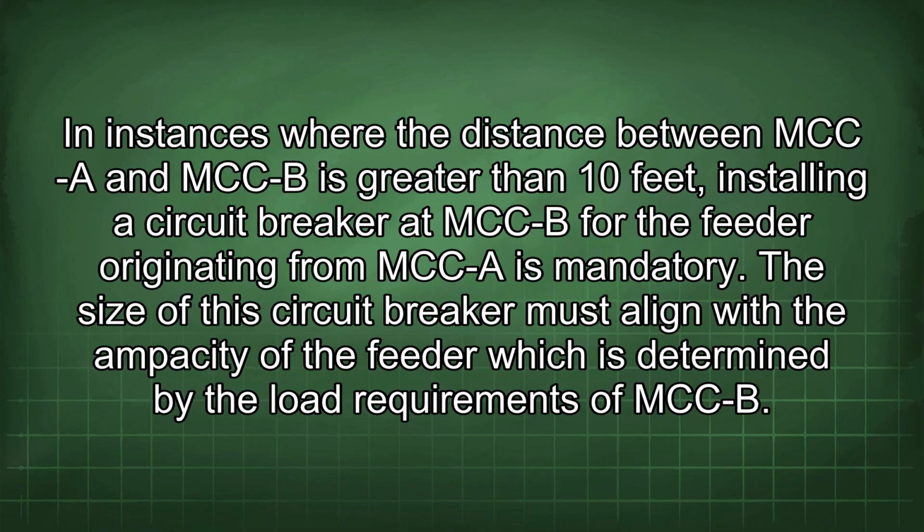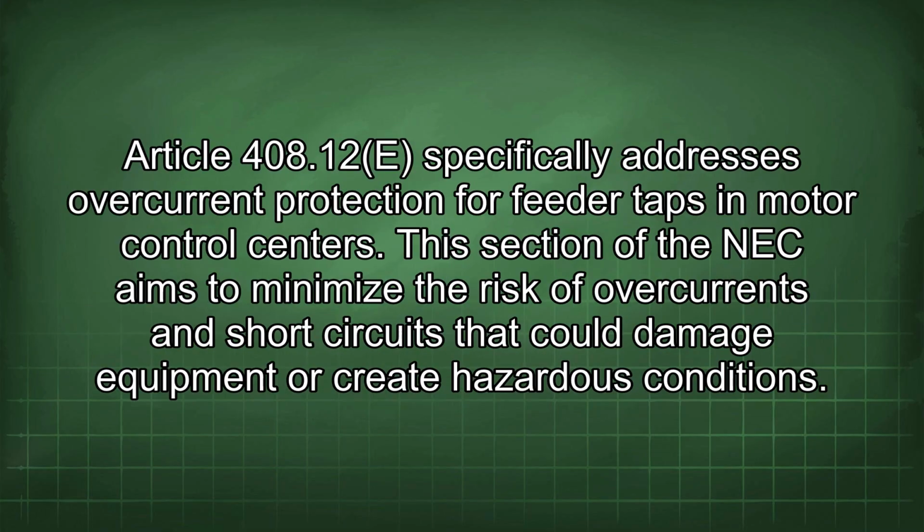In instances where the distance between MCC-A and MCC-B is greater than 10 feet, installing a circuit breaker at MCC-B for the feeder originating from MCC-A is mandatory. The size of the circuit breaker must align with the ampacity of the feeder, which is determined by the load requirements of MCC-B. Article 408.12e specifically addresses overcurrent protection for feeder taps in motor control centers.